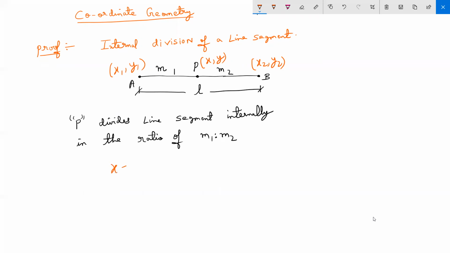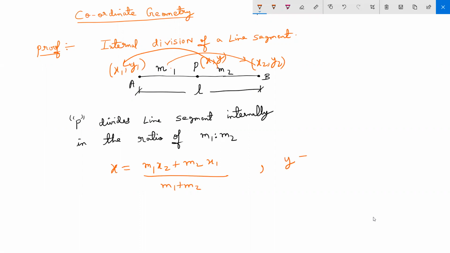So how will this x be found out, or how can you calculate x? There is a formula for this, and it has a proof also. x equals m1 into x2 plus m2 into x1 upon m1 plus m2.